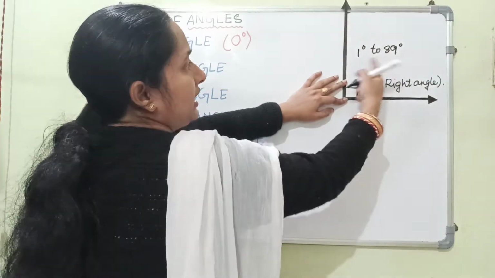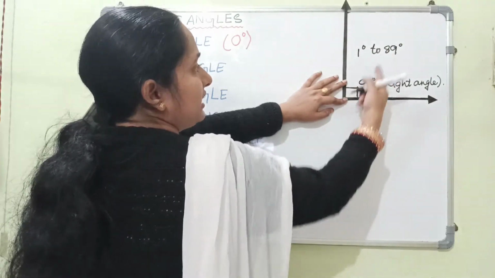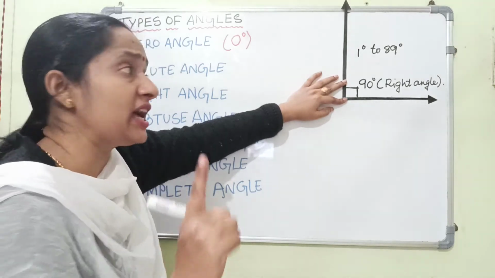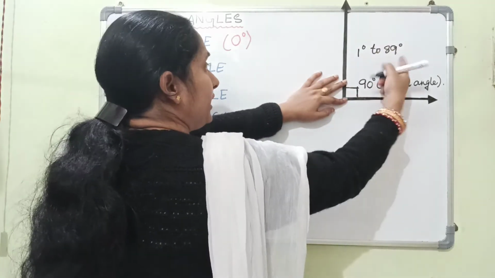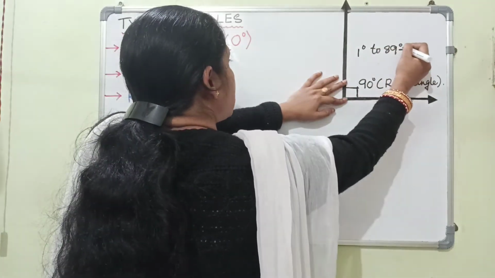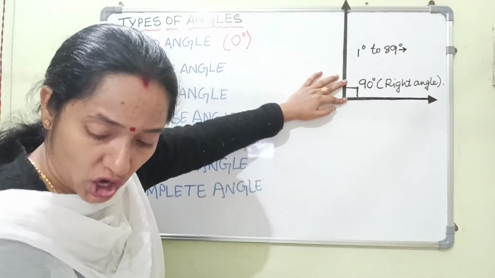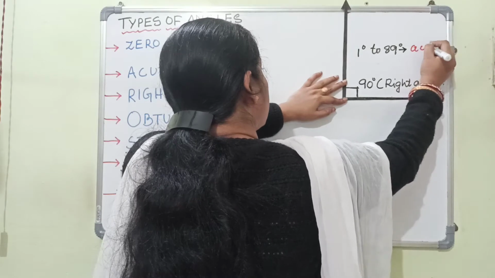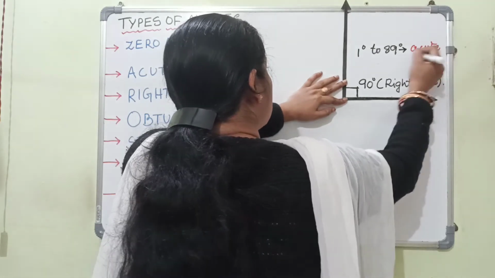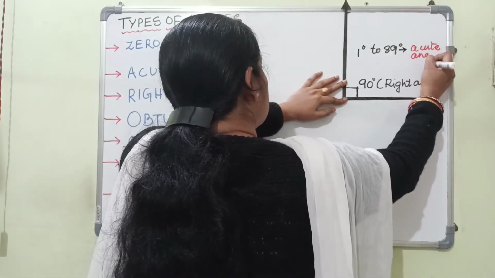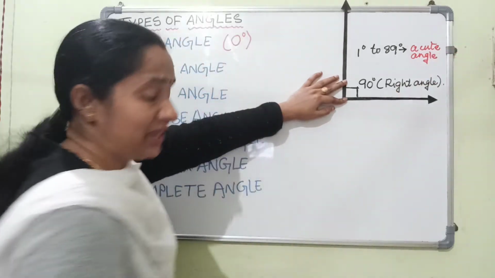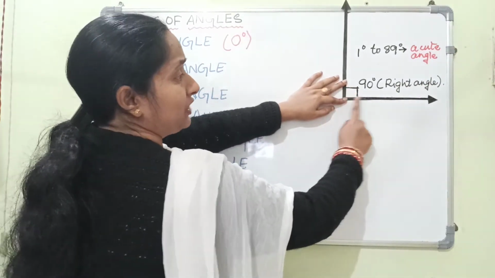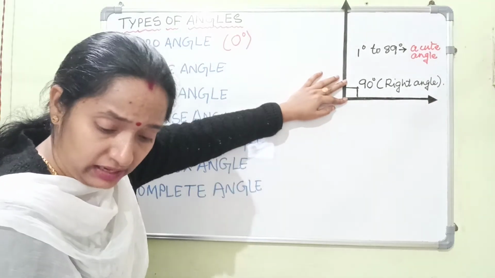It's not 90, 1 less than 90 is 89. So the angles whose measures are 1 degree to 89 degree, all such angles will be called what angle? Acute angle.